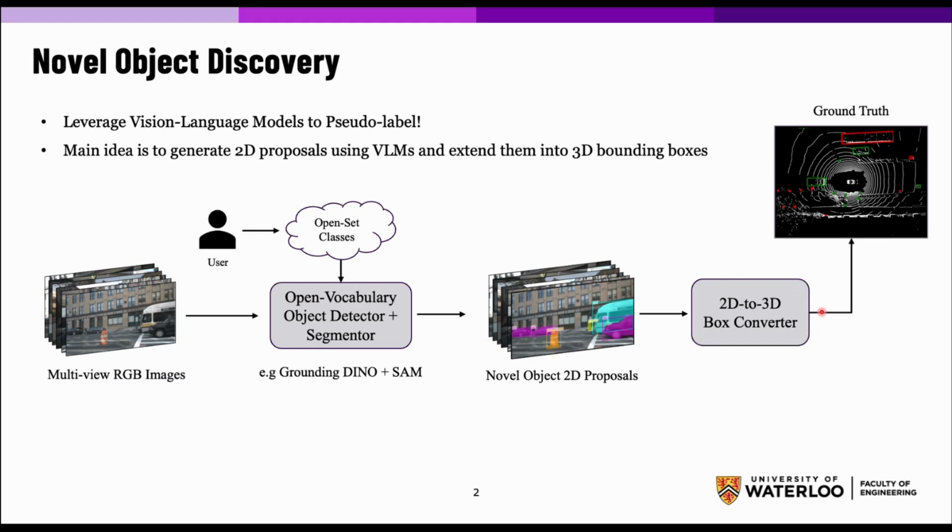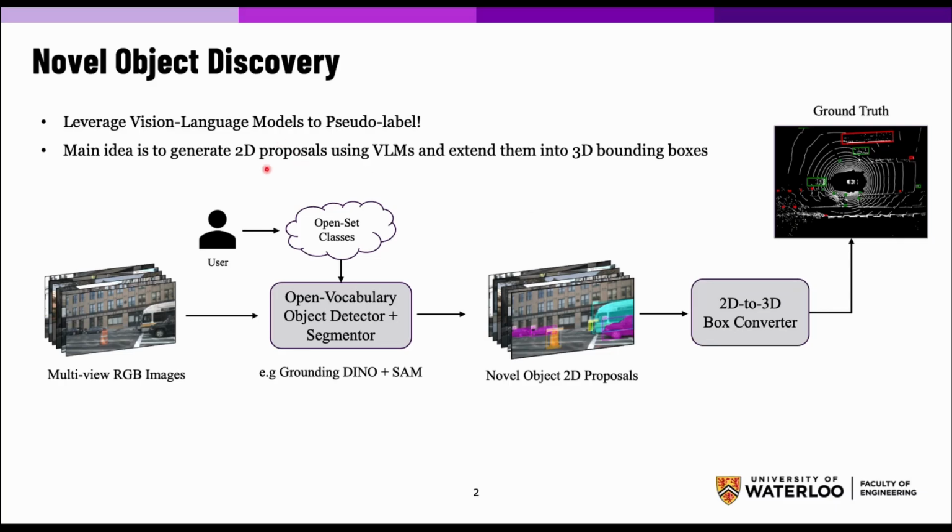One way that the research industry is moving towards is to leverage vision language models to help with specific tasks, such as object detection. The main idea is to leverage these VLMs to generate 3D bounding boxes.